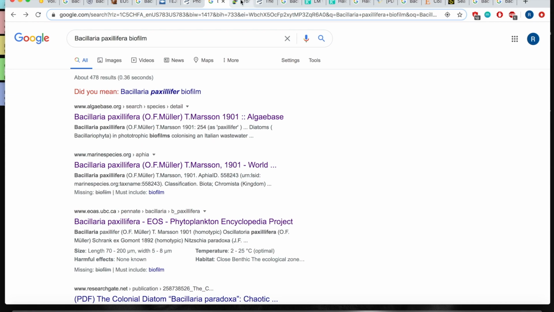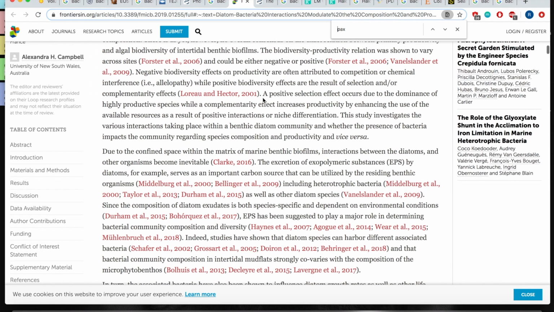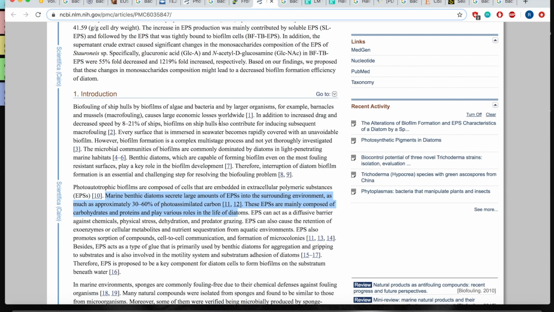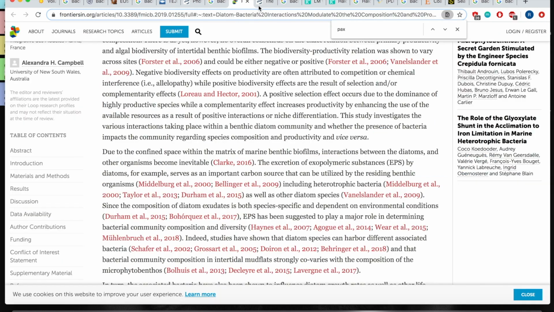Next is biofilm. I annotated yes because my species is a marine benthic diatom, and those are known to produce large amounts of EPSs, which are used in their biofilm, which helps with attachment. And there I found two general sources discussing how marine benthic diatoms produce these exopolymeric substances in order to aid in their attachment.